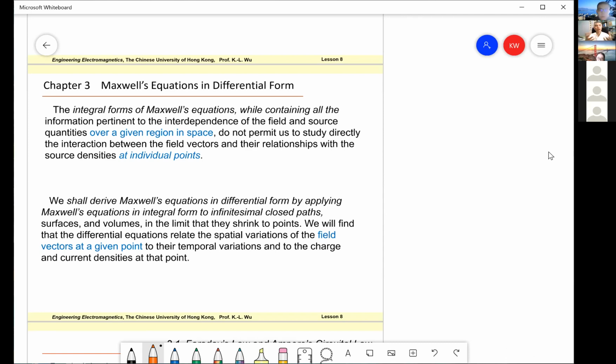Say, for example, it tells you the magnetic field has the net flux always equal to 0. Sure, this is a very large picture about the magnetic field. And then it says how much charge is enclosed by a surface if you measure the total flux of the electrical field.